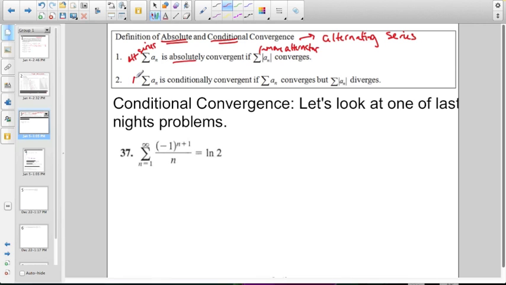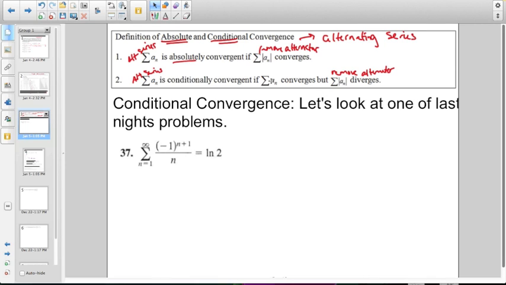If this is an alternating series and we remove the alternator, this is when we remove the alternator.